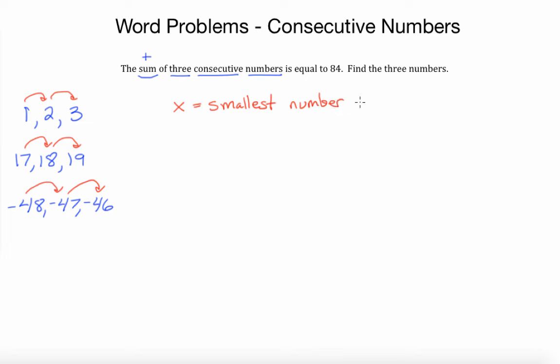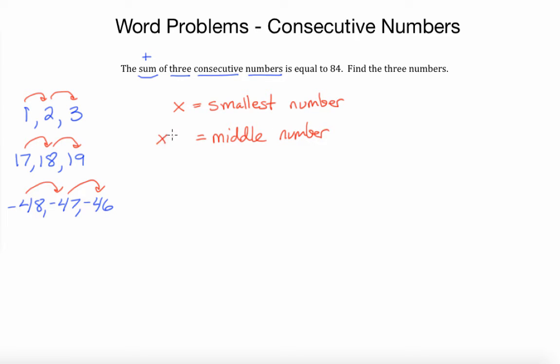But now let's think about the next number. 2 is 1 more than 1. 18 is 1 more than 17. Negative 47 is 1 more than negative 48. So with three consecutive numbers, the middle number has to be one more.